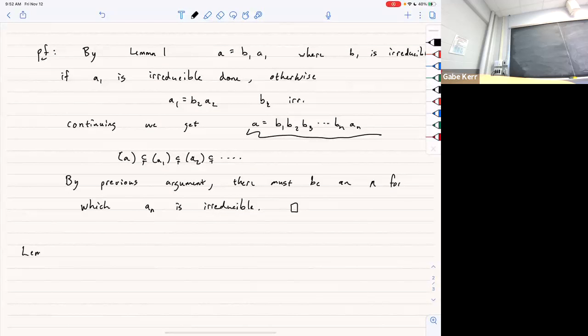Let's call this 3. A is equal to P1 through PR, equal to Q1 through QS.